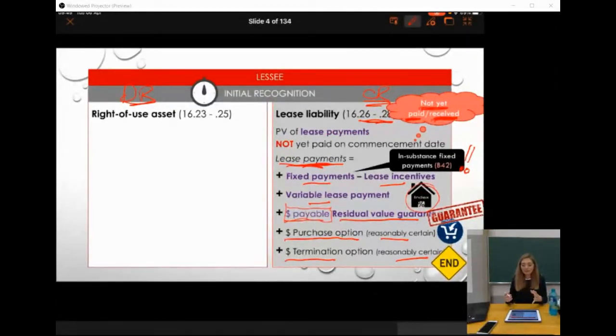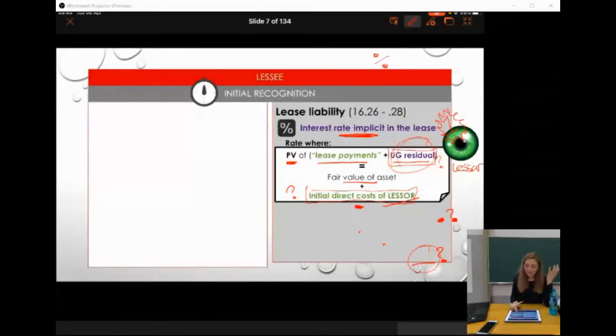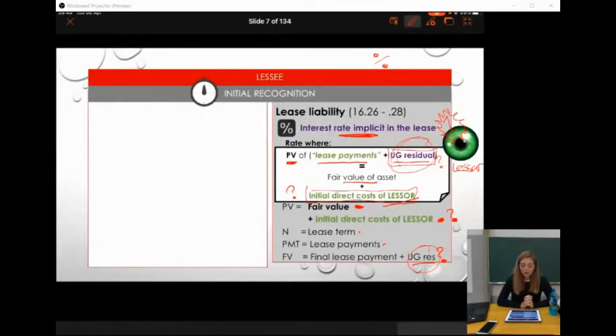In the actual lease payment, where we put in our present value, future value, payments, etc., we're not going to have the unguaranteed residual value over here, but it might affect the rate, if we are able to use the interest rate implicit in the lease.